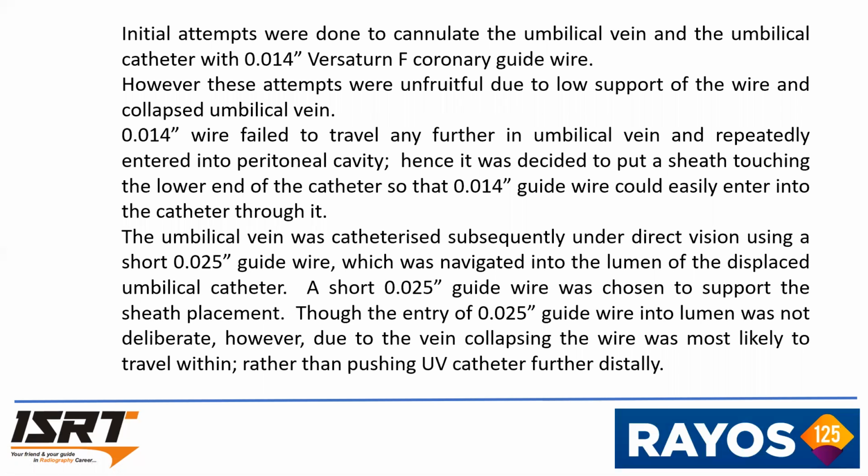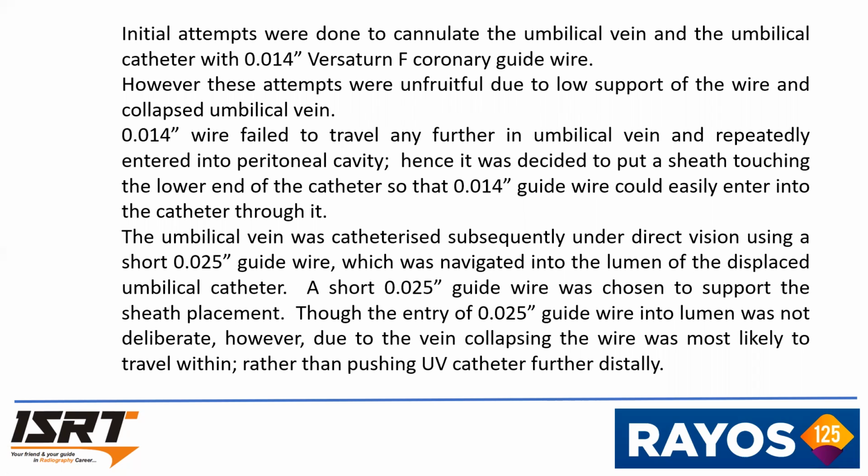Initial attempts were done to cannulate the umbilical vein using 0.014 inch smaller guide wire, which was used for coronary angioplasty. However, these attempts were unfruitful due to low support of the guide wire and collapsed umbilical vein. Due to the repeated attempts, the vein collapsed.